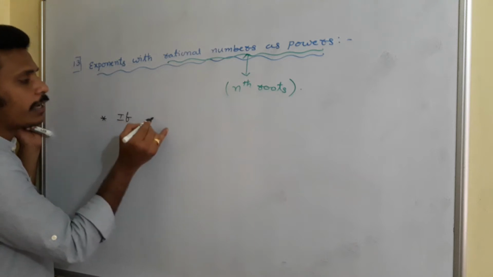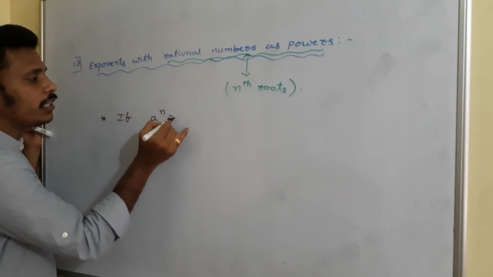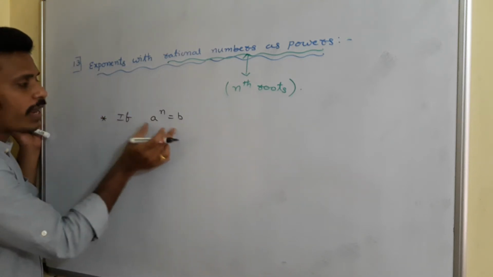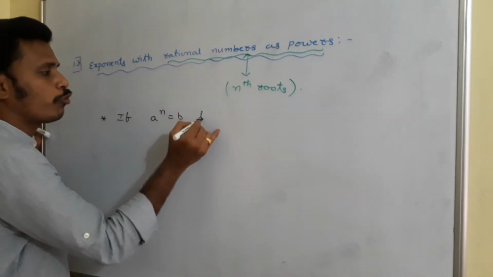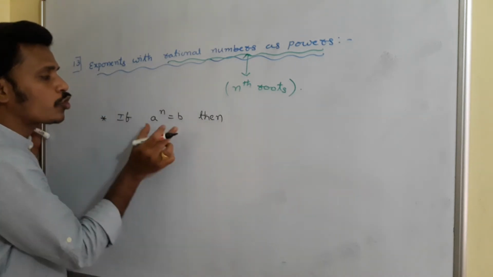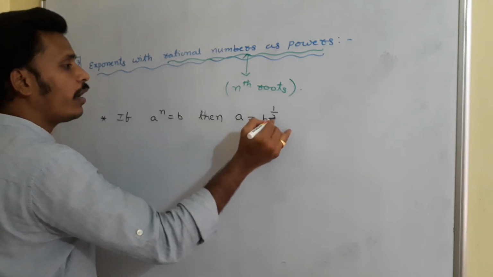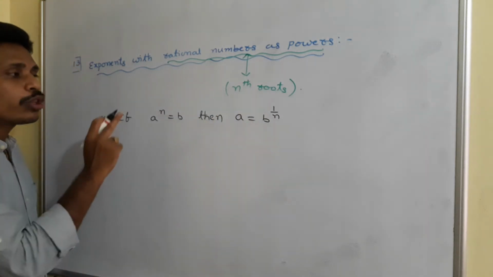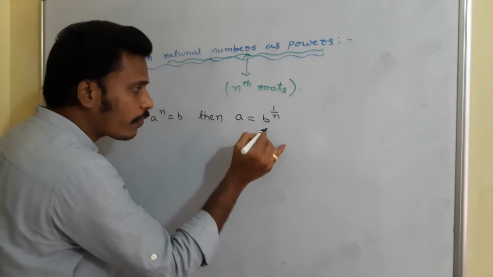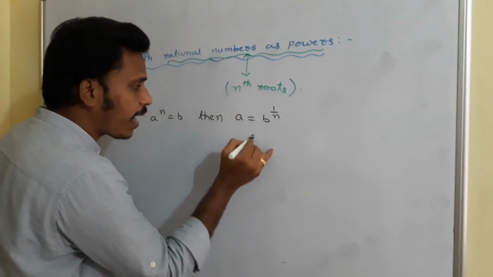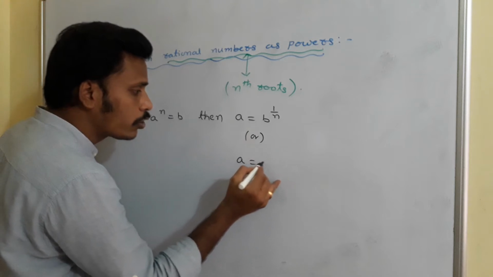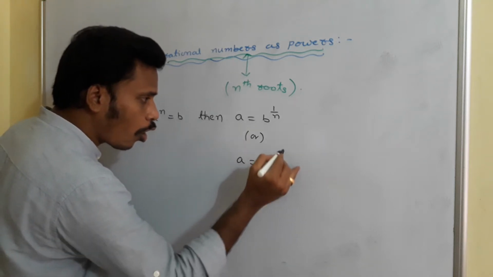If you have an exponent like a power n is equal to b, then there is a chance to notate it like this: a is equal to b power 1 by n. Both are the same, and this b power 1 by n is also notated as a is equal to the nth root of b.